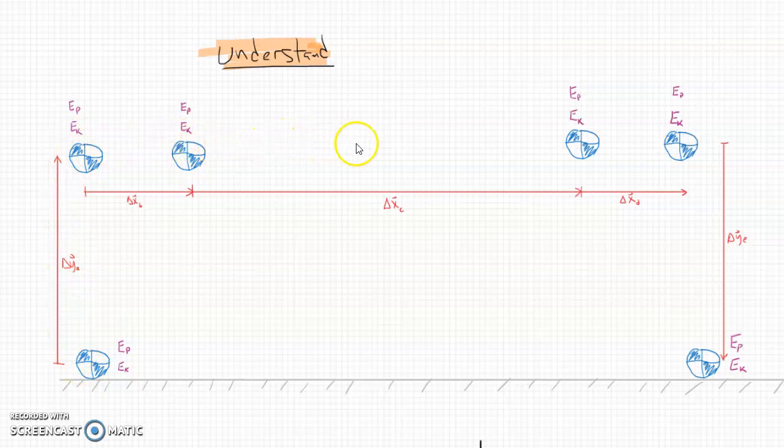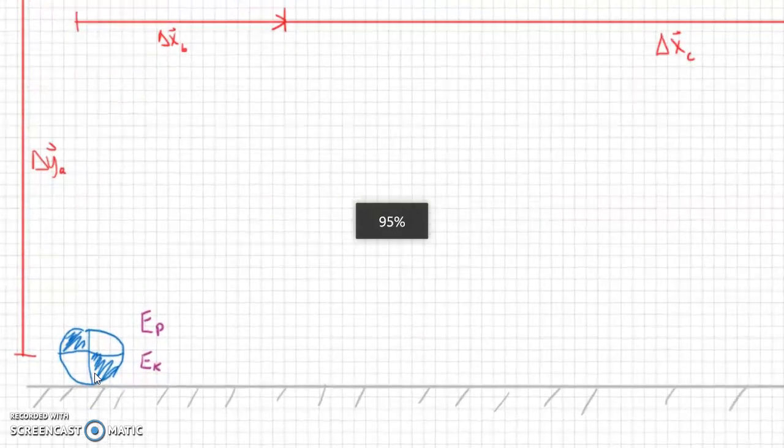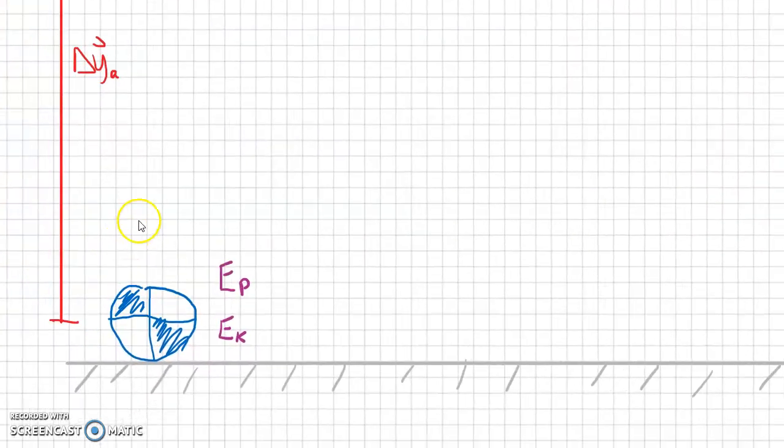Phase C is where the backpack travels at a constant speed. Phase D is where the person actually causes the backpack to stop again. And in the last phase, phase E, the backpack is actually lowered. So let's go to each of these positions and talk a little bit about what is happening here.